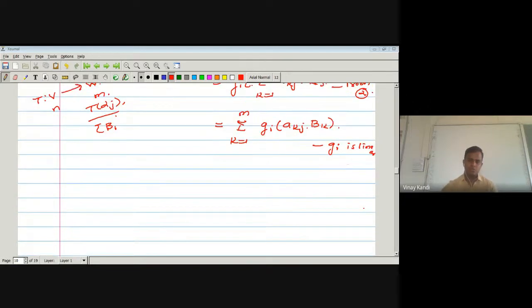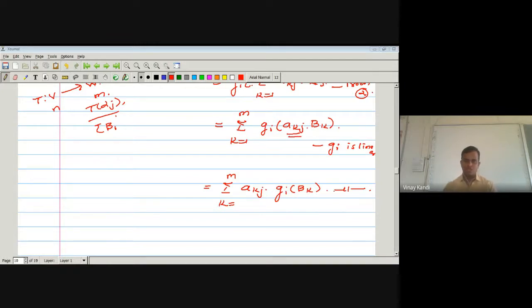Akj are the scalars, so take them outside. So this is summation k running from 1 to m Akj into Gi of beta k.